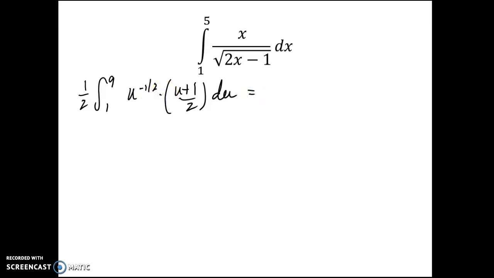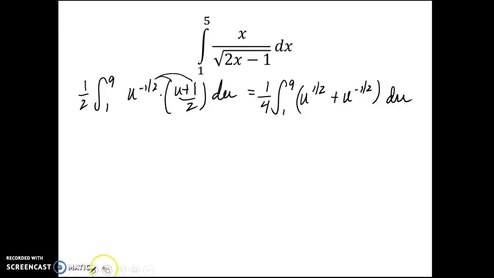This is multiplication, so I'm really just dividing the integrand by 2, so I'm going to bring another 1/2 out front. Integral from 1 to 9. Now I'm going to distribute this u to the negative 1/2. Multiplying like bases, add exponents, so that becomes u to the positive half plus u to the negative half du.